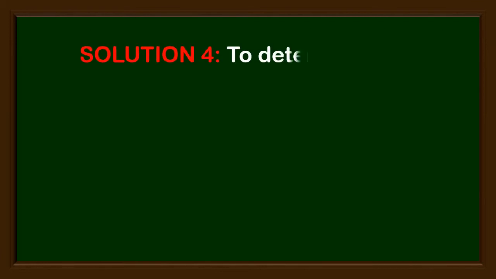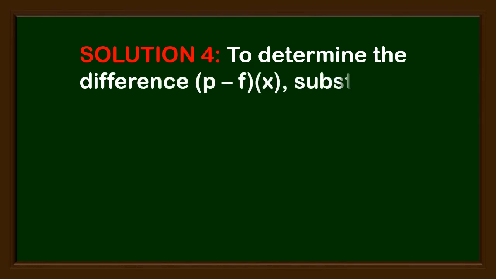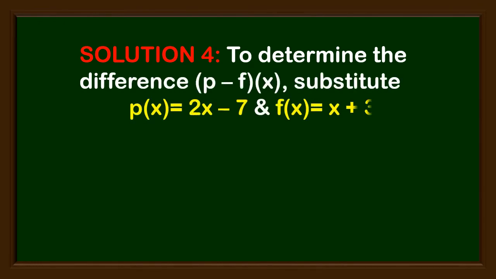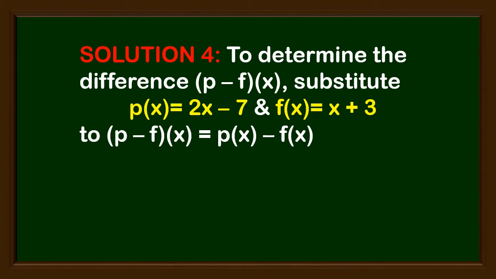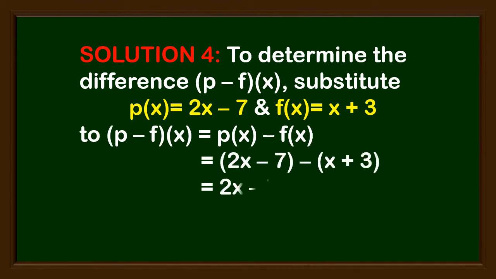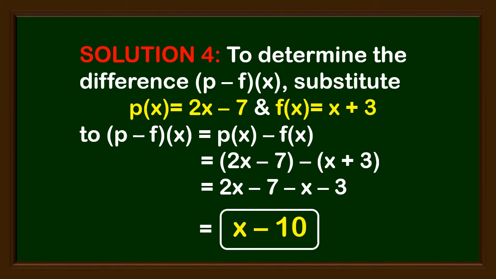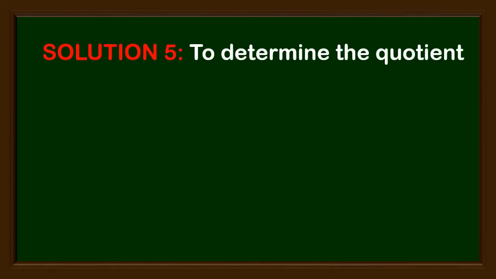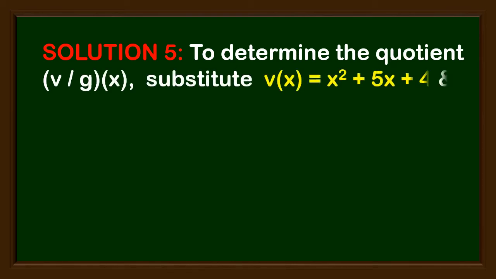Solution 4, to determine the difference, p minus f of x, substitute the given functions, and then perform the indicated operation. Solution 5, to determine the quotient, v over g of x, substitute the given functions, and then perform the indicated operation.